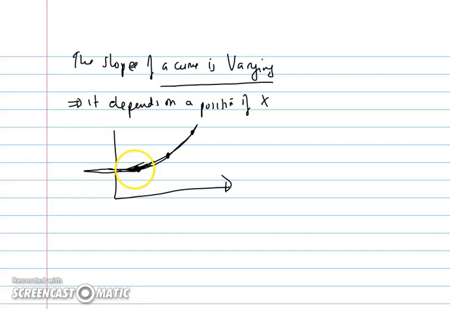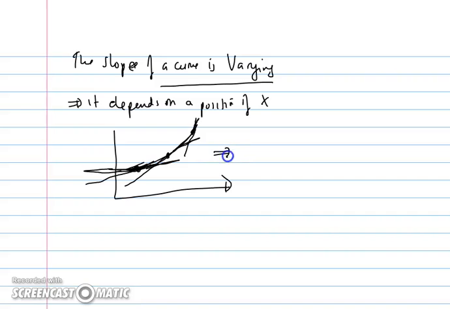When you are here, your direction of travel is along that line, and when you are at this point, your direction of travel is along that line.